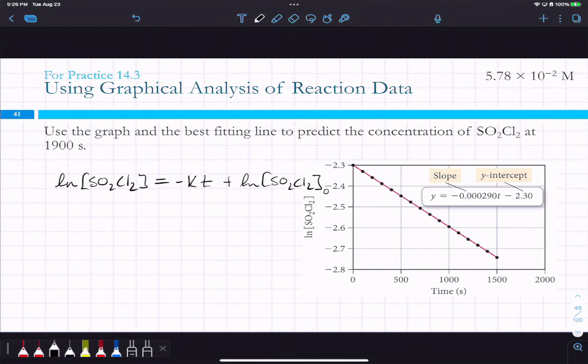And then we can just plug in the numbers from the line equation of the linear regression. So this will be negative 2.90 times 10 to the negative 4 times our time, 1900 seconds, plus a negative 2.3, so minus 2.3.